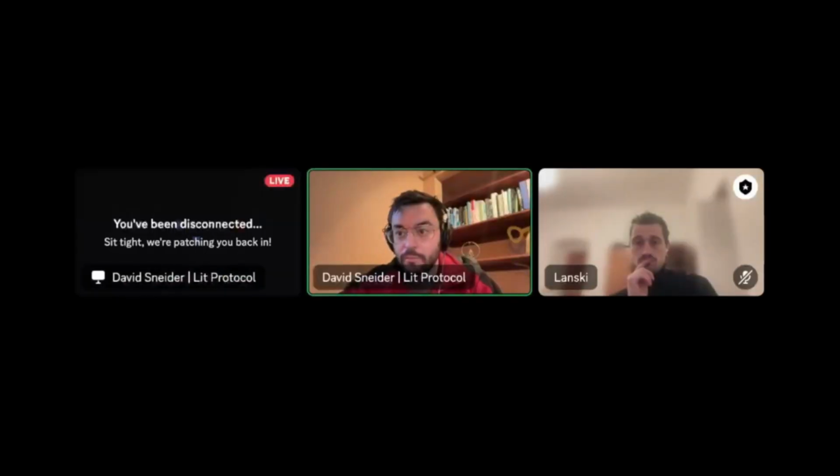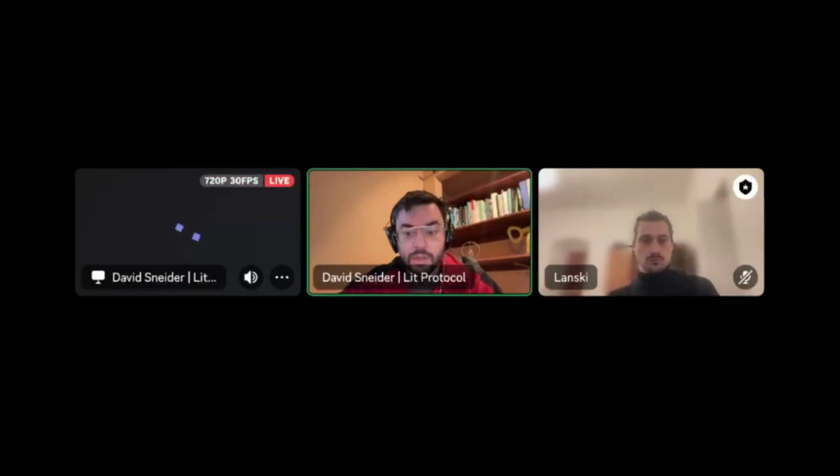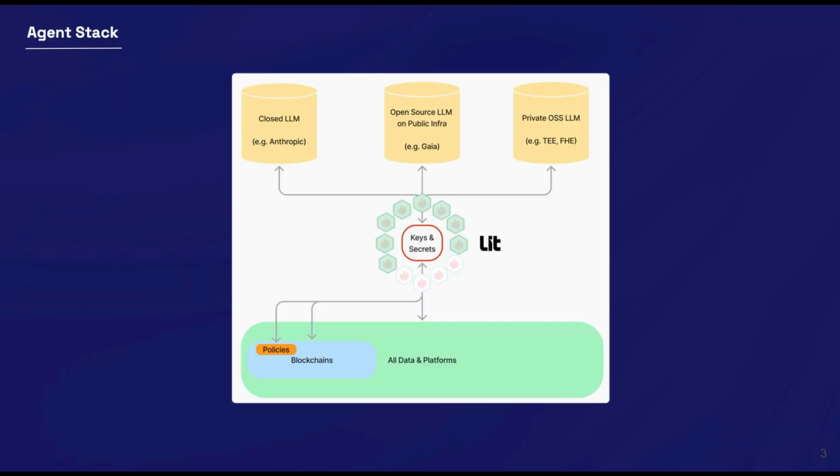And so the Lit agent wallet, using this underlying power of the programmable distributed key, is a method where, when an LLM says something like buy one Ethereum, that order is passed to the Lit agent wallet. The agent wallet will then check against a set of policies that are managed on chain.